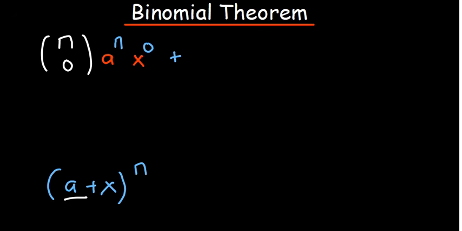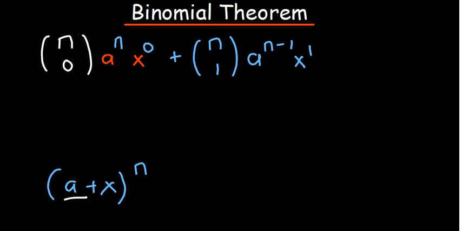For the second part, you now choose 1. So n choose 1, your a will be to the power n minus 1, since a will always be the power difference between n and r, and then x will always match up with the value of r on the bottom there.